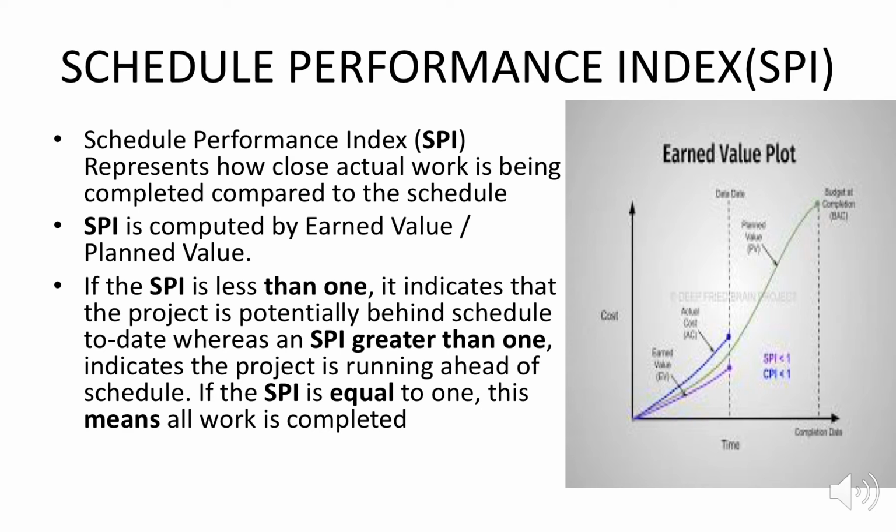In that case, SPI is less than 1. If SPI is less than 1, it says the project is a little bit behind the schedule. So this is how the schedule performance index is used.